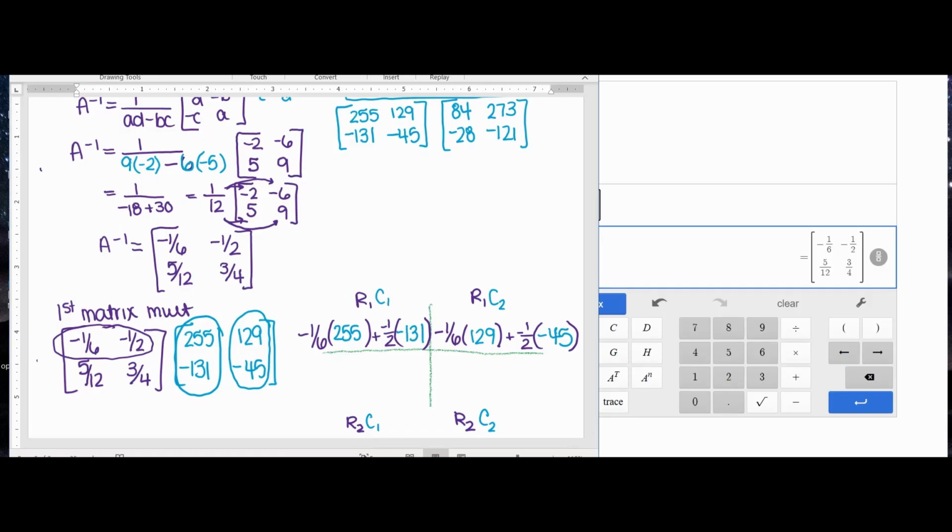Since we took the first row times both columns, we're good to go to the second row.